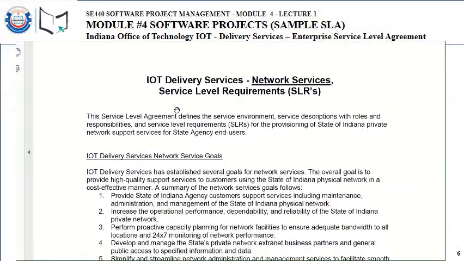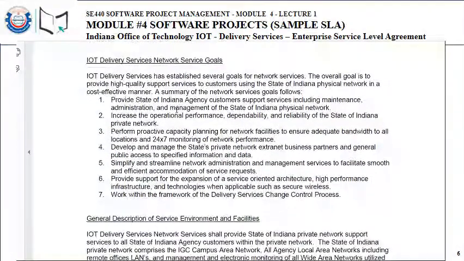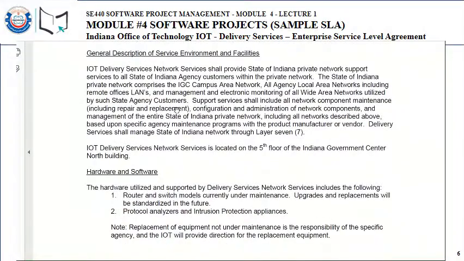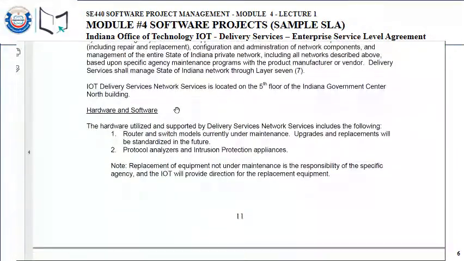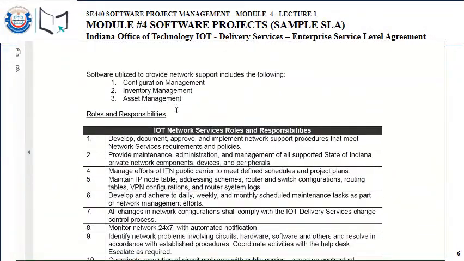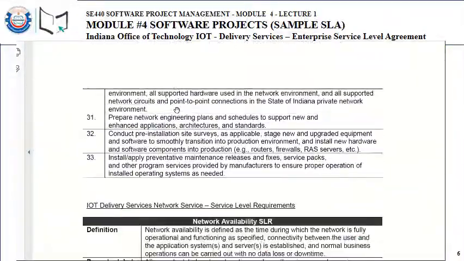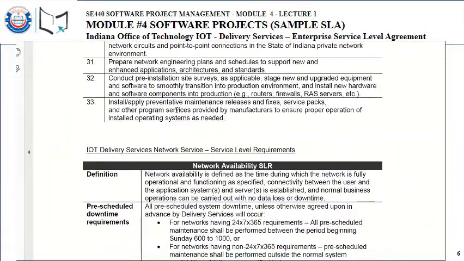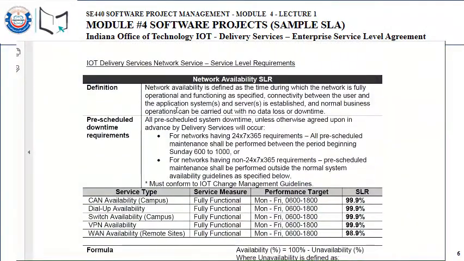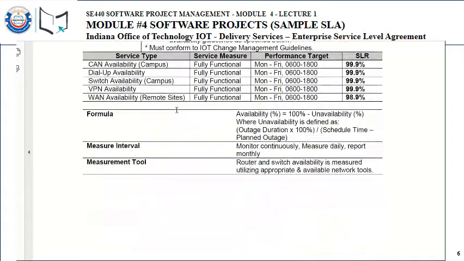The third component, the network services, they start with the goals, the environment and facilities, the hardware, the roles and responsibilities. Here, too, many roles. Then they summarize the service level requirements.